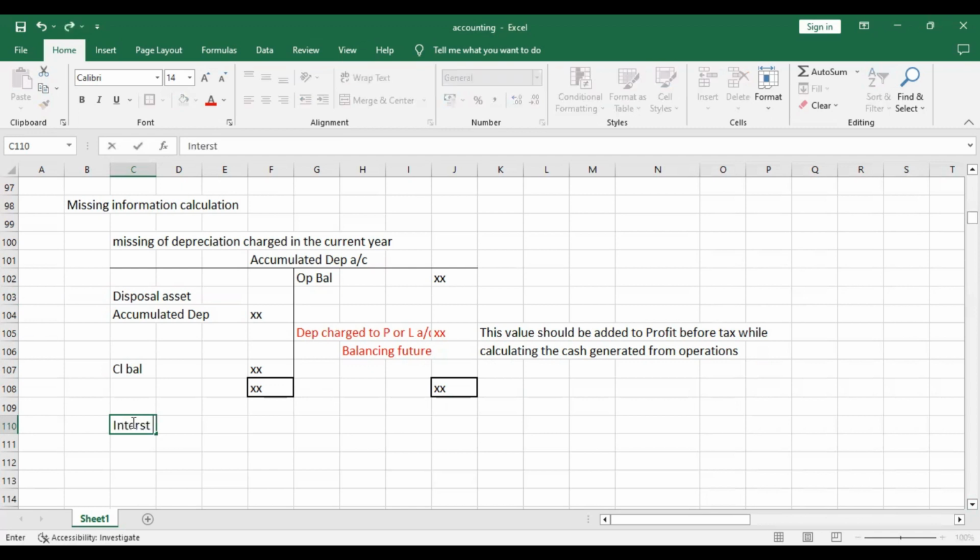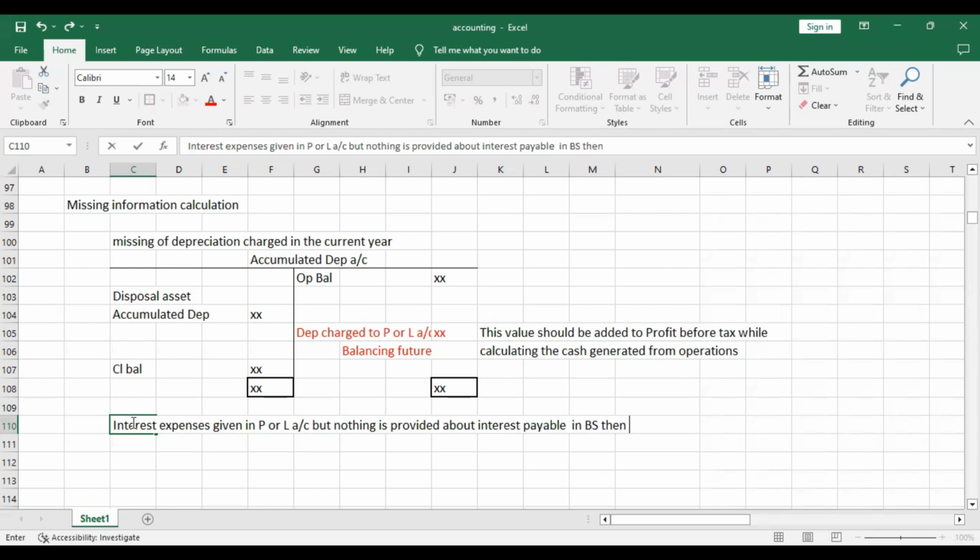Interest expenses given in P&L account, but nothing is provided about interest payable in balance sheet, then the amount of interest expenditure given in P&L account is deemed as paid in the current year.